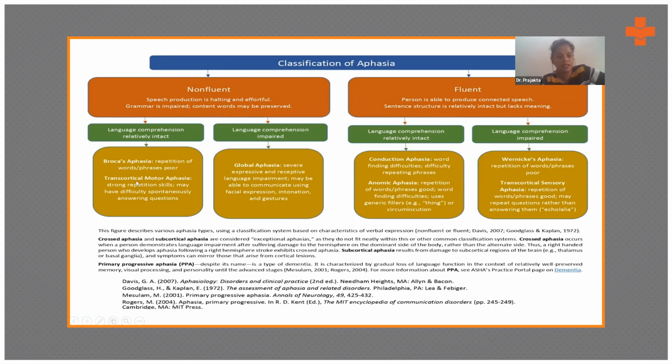In transcortical motor aphasia, they have strong repetition skills but may have difficulty spontaneously answering questions.